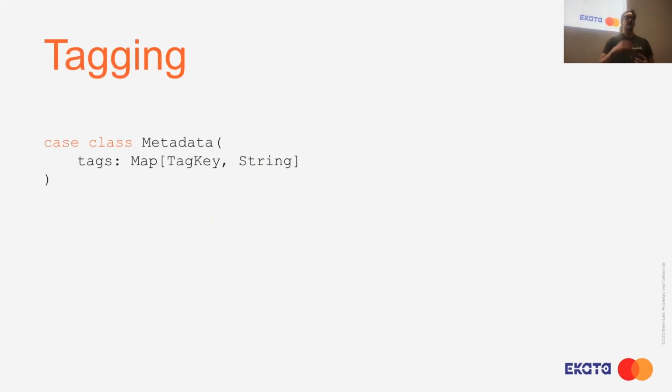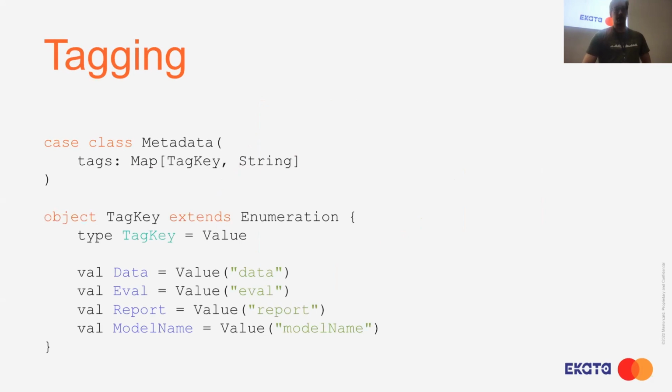So we can annotate our pipeline program. This is metadata, which is simply a map with a tag key and a string. We introduced the tag key. We are still on Scala 2, so it's the old way of creating an enumeration. This is only to help us know what the possible values for the tag key are, and the value can be any kind of string.